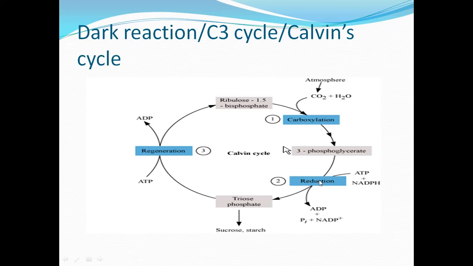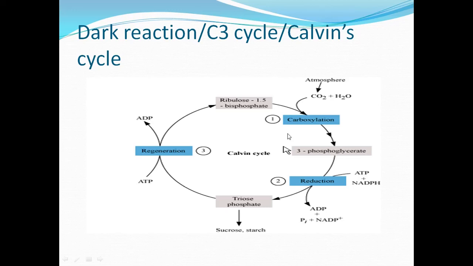carboxylation, reduction, and regeneration. During carboxylation, a molecule of ribulose 1,5-bisphosphate, the short form of which is RuBP, combines with a molecule of carbon dioxide to form 3-phosphoglycerate, that is 3-PGA.